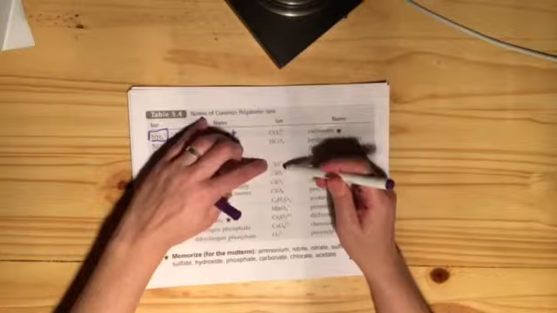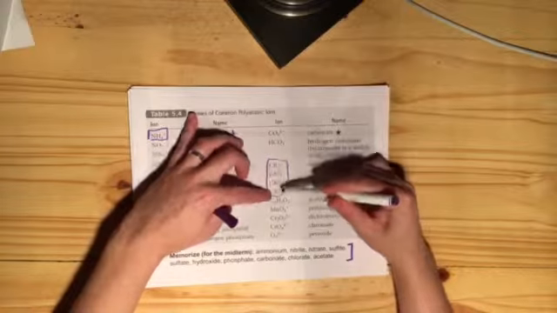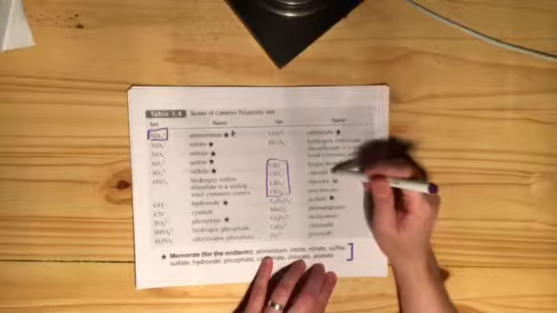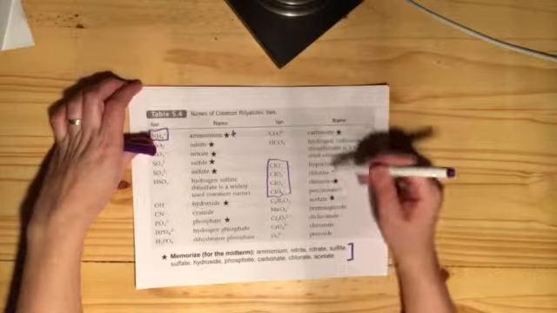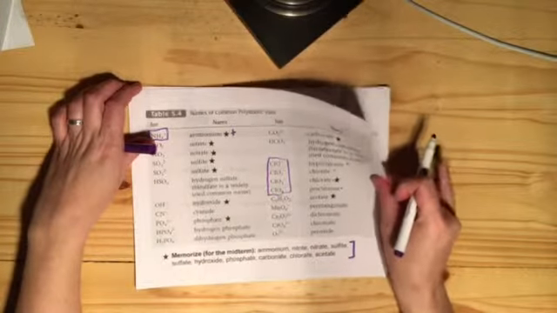And so you have here 4 different chlorine compounds, all with different numbers of oxygen. And so the way they've named them is hypochlorite, chlorite, chlorate, perchlorate. And so that is the naming system, and we just use these when we are naming ionic compounds.